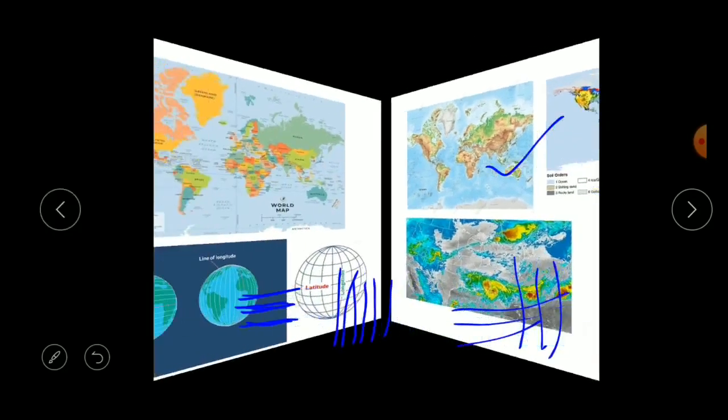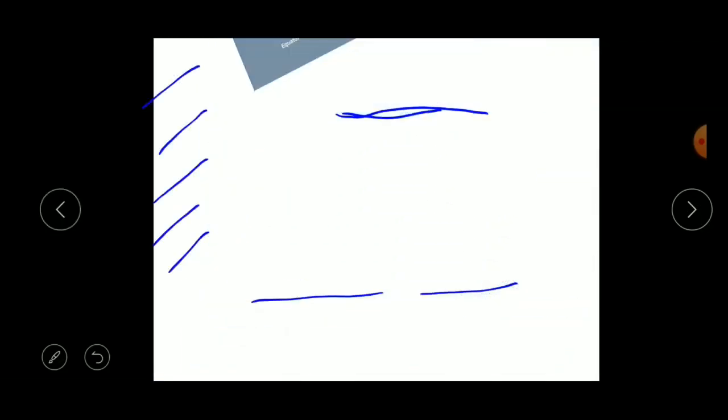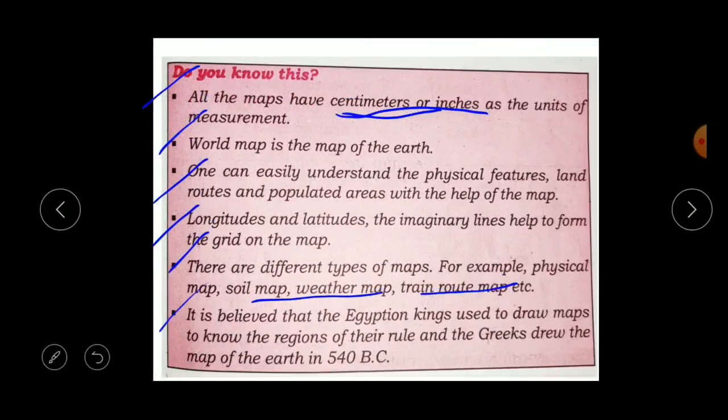Okay, children. Next is, it is believed that the Egyptian kings used to draw maps to know the regions of their rule, and the Greeks drew the map of the earth in 540 BC. So it is believed that the Egyptian kings used to draw maps to know the region of their rule.